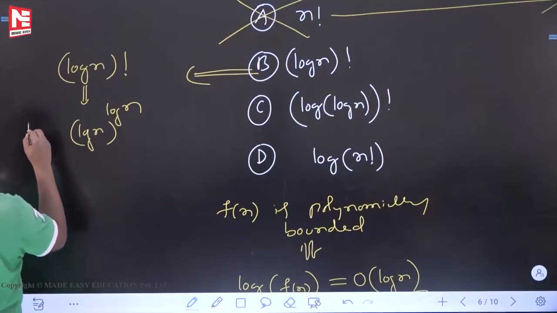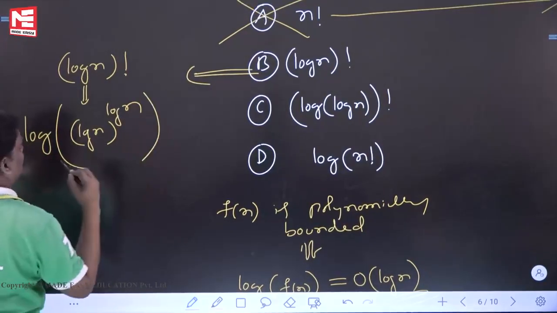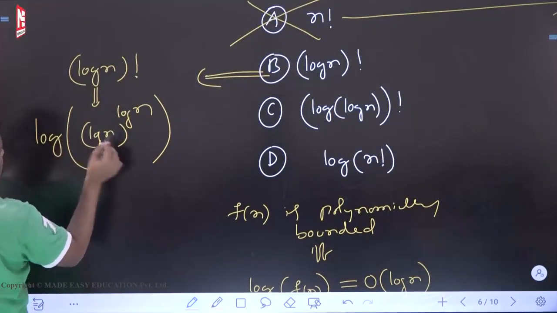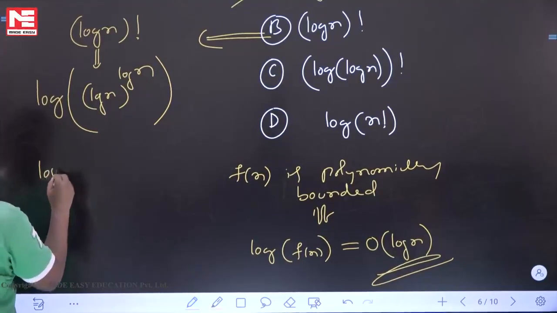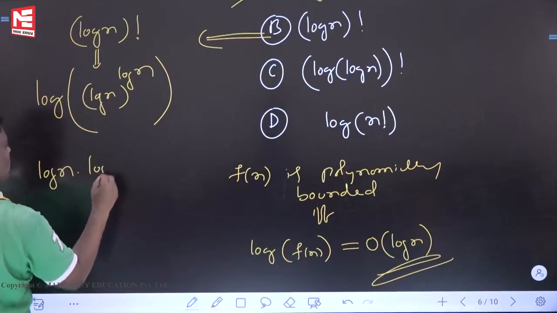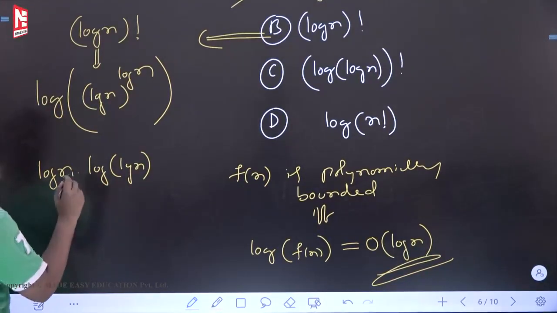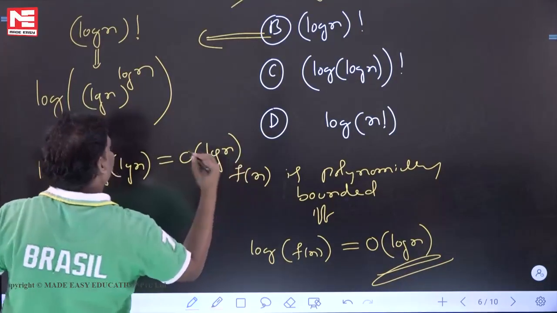Now apply log on both sides. This is f(n), which is equal to this. After applying log, this will become log n into log n. Is this big O of log n? Right or wrong?